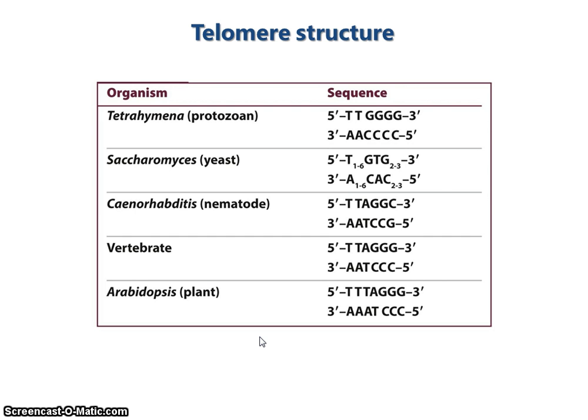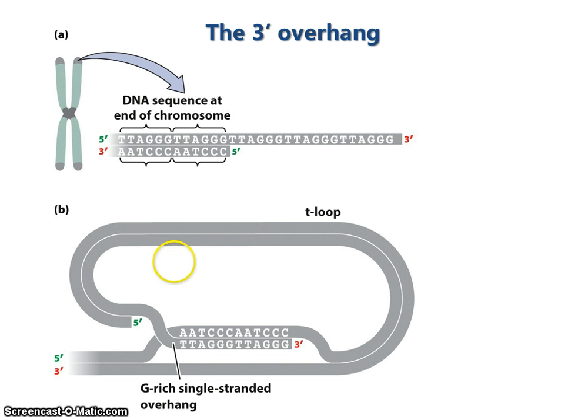So again, telomeres protect the ends of DNA. Normally when DNA is broken, it degrades very easily, and telomeres protect against degradation at the ends of the DNA. So there's a strand that's G-rich, and the strand that's G-rich tends to produce a 3' overhang.